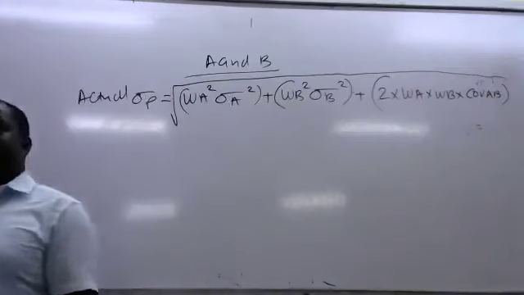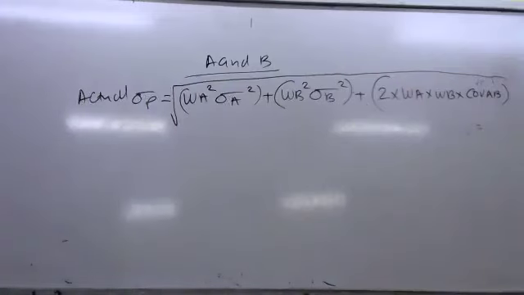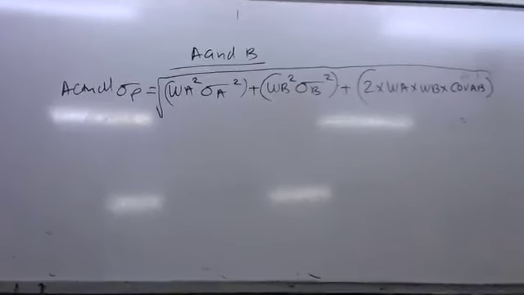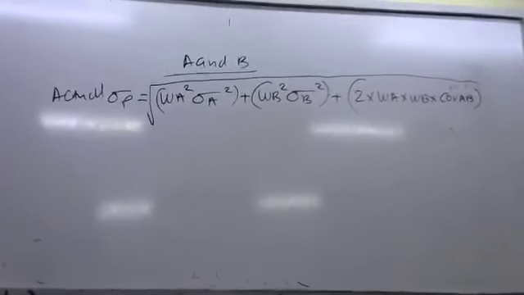So if you want to get that portfolio risk, you get the weight for A squared, then the variance for A. Then you also add the weight for B squared, the variance for B. We also add 2 multiplied by the weight for A, multiplied by the weight for B, and also the covariance between A and B.